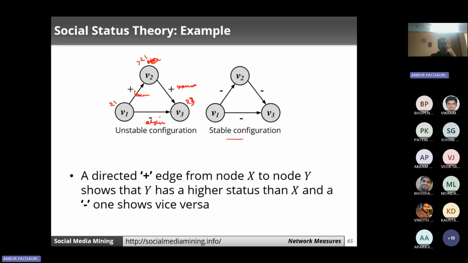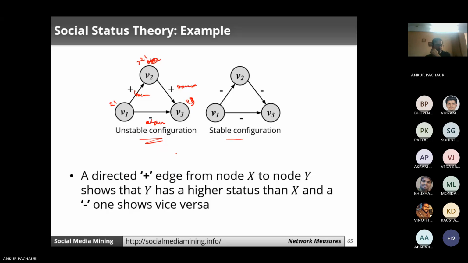Then V1 is younger than V2. So in that case, if this is my younger relationship, then this will be an unstable configuration. If this is 21 and this is 23, V3 is elder than V2 and V1. So if plus is younger and minus is older, this configuration is unstable.